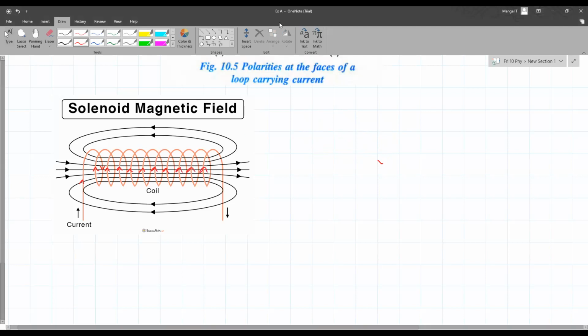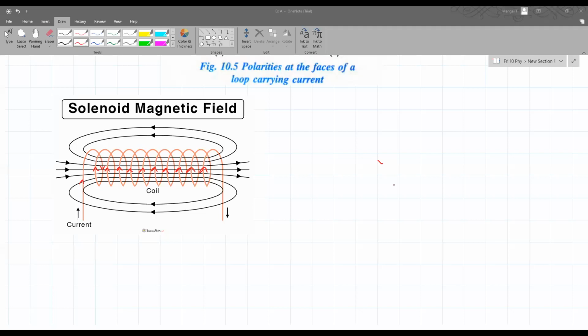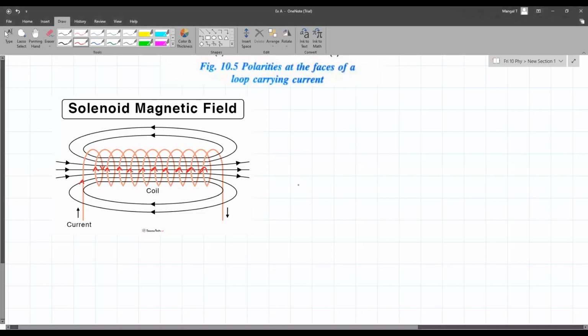Okay, observe the diagram carefully. So when you have a loop like this, and say the current is flowing like this, so this is the direction of the magnetic field.